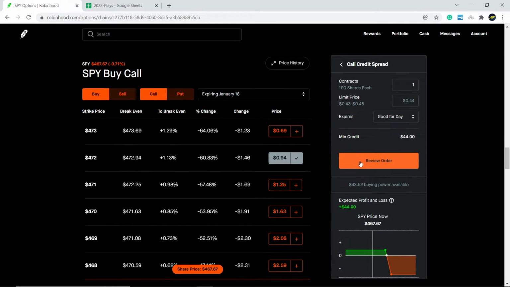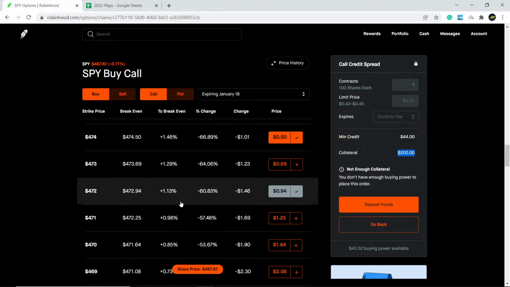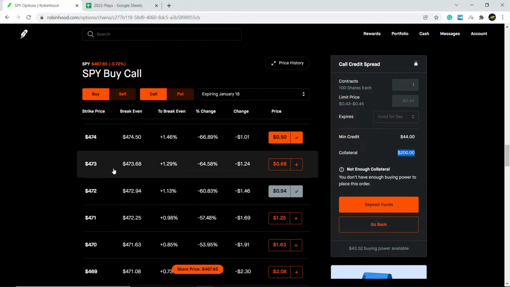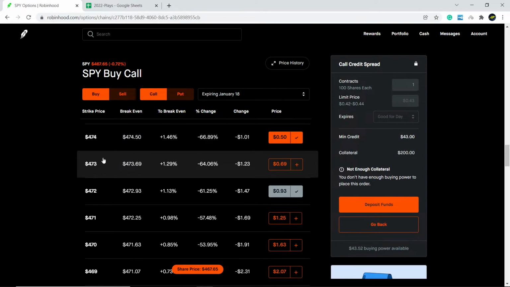But instead of $100, the price is now $200 for this contract. So if I execute, it says $200 collateral, and that's because you have a $1 difference in the leg. So you have 472, 473, and then 474. So from 473 to 474, that's $200. You multiply times 100, 1 times 2 is 2, times 100 is 200. And that's pretty much it.